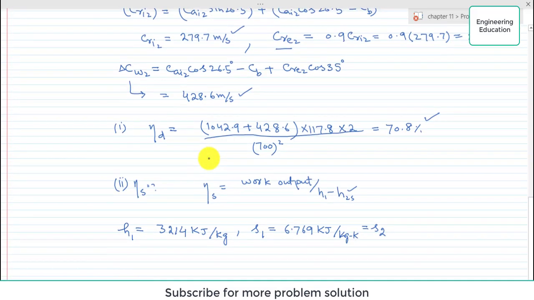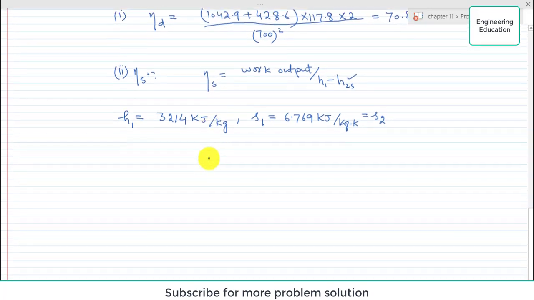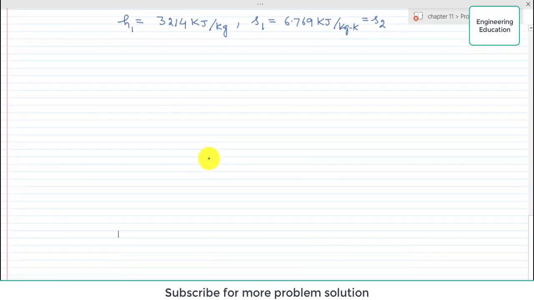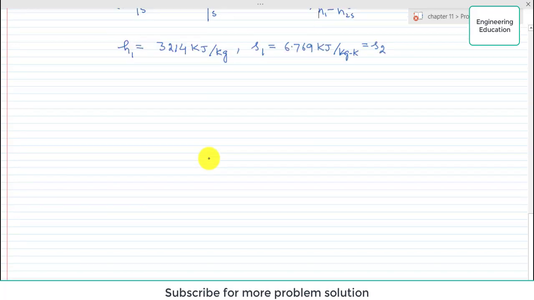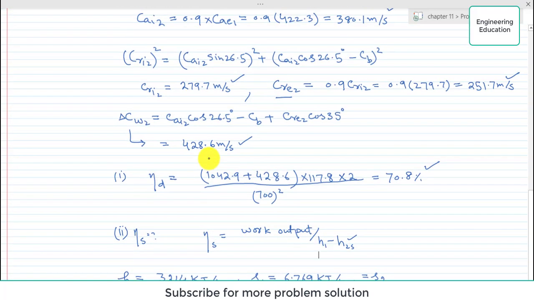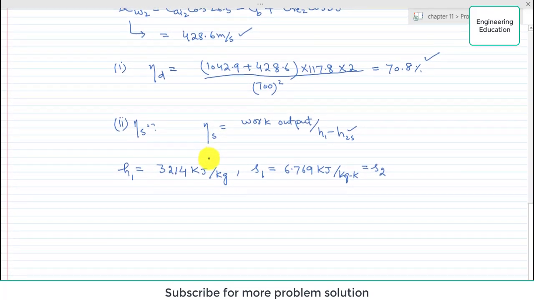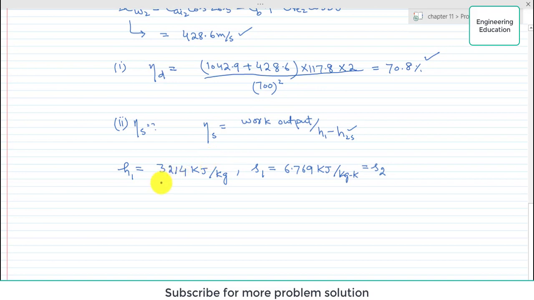So at pressure 15 bar and entropy 6.769 kilojoule per kilogram per Kelvin, the value of H2 from the steam tables is 2956.8 kilojoule per kilogram.